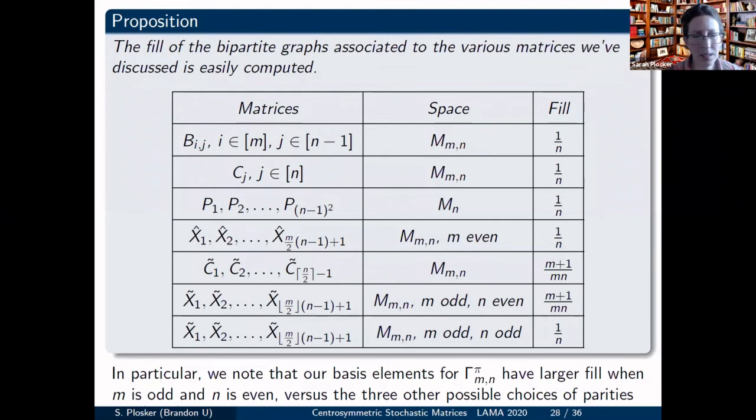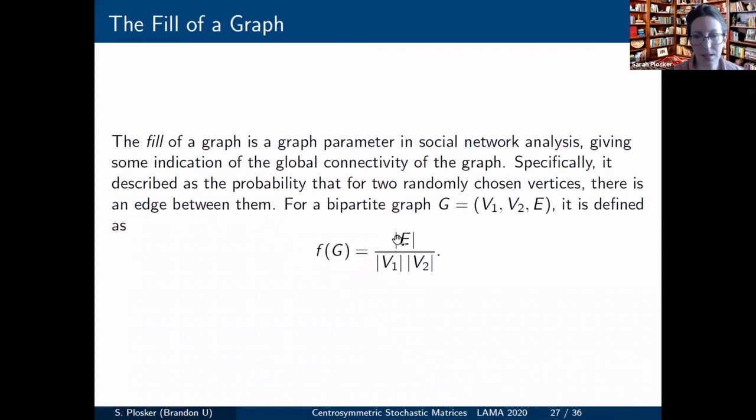It's not very illuminating, other than I will note that for centrosymmetric M by N stochastic matrices, where M is odd and N is even, it has a larger fill because of all those basis elements with that one middle row with the 1/2s, because there are 2 different non-zero entries in that row that basically boosts, well, it increases that edge set count by 1.